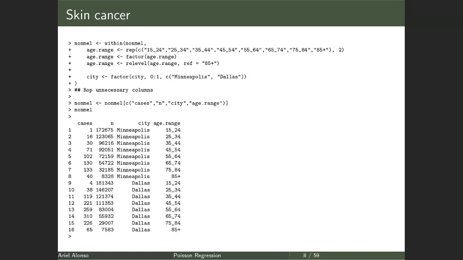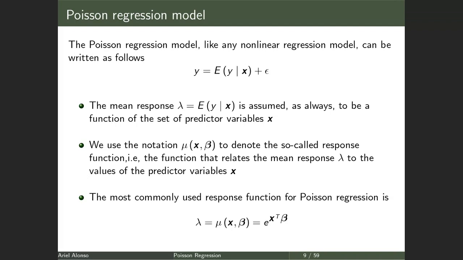It's not a binomial either. It's a count. How can we model and analyze this type of data? What we want to know is if there is a difference between these 2 cities regarding the number of skin cancers, and if there is a difference between the different age groups. These are the questions we want to answer here.